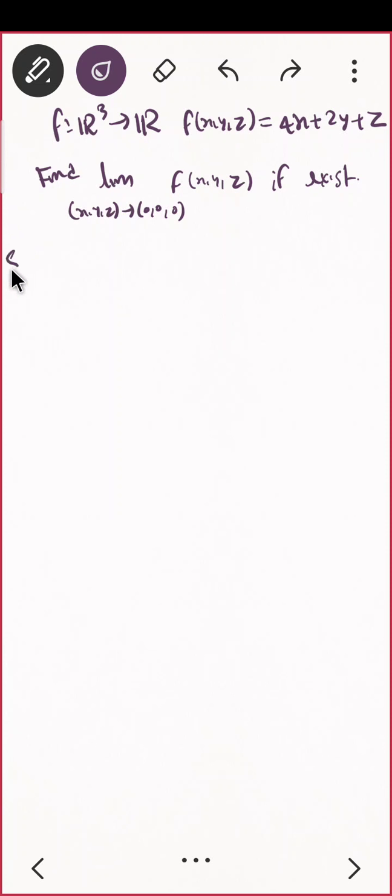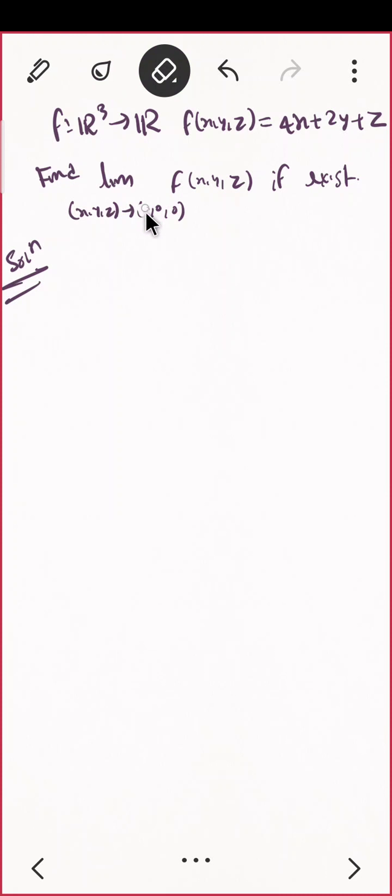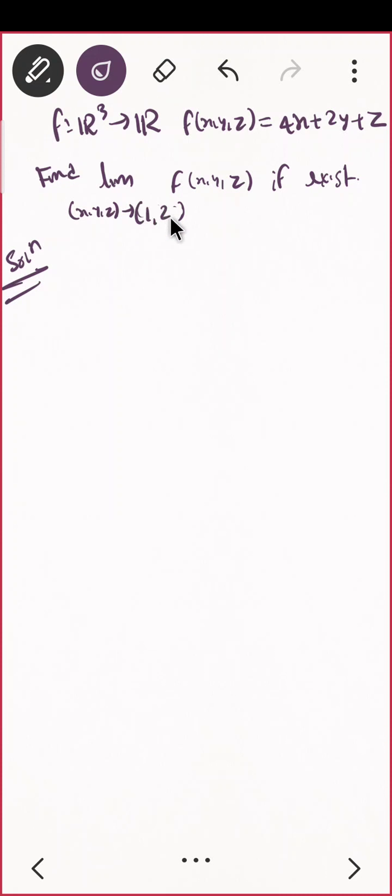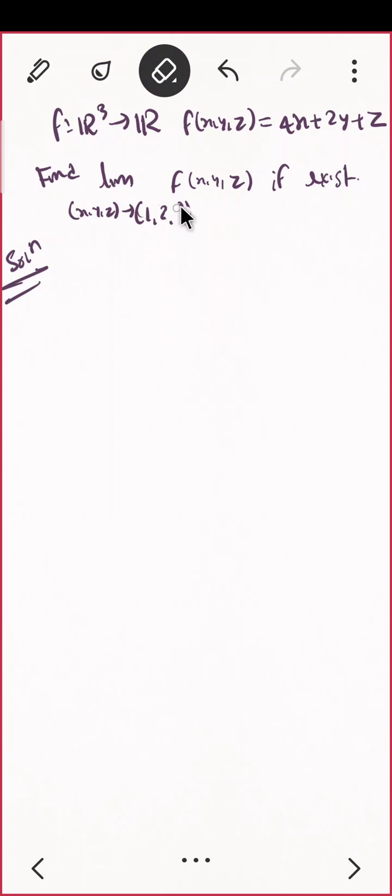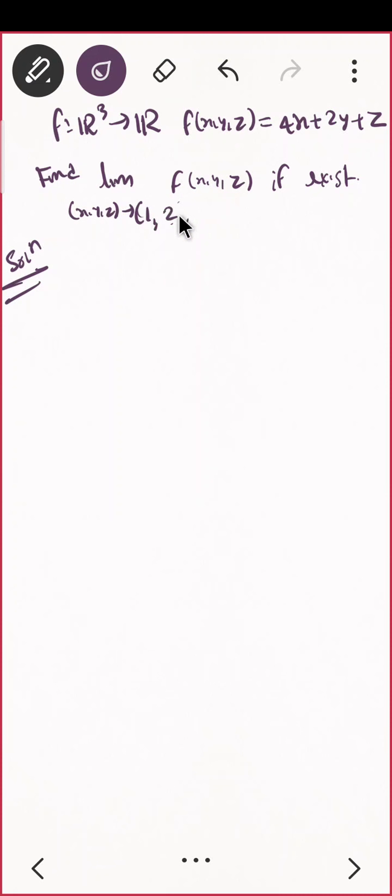Solution. So what is your guess? Or let me make it a little bit interesting by putting 1 2 3.